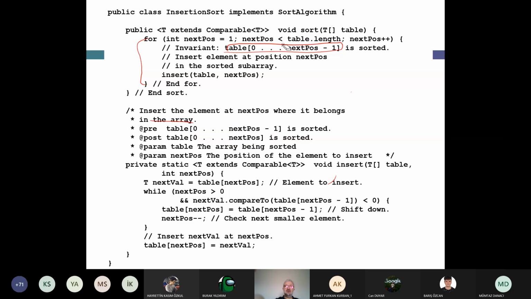This insert is performed here. As you see, first we save the element at next pos in a temporary position.